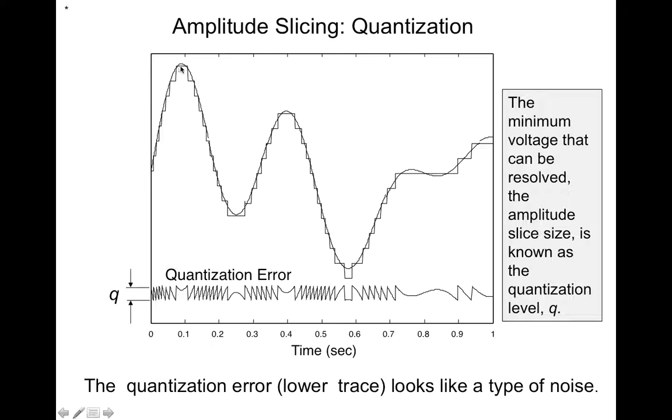So in other words, you're not up here, you're down here. Okay? And so if you were to take the actual signal minus the quantized signal, you would get something that looked like this. And that's referred to as your quantization error.